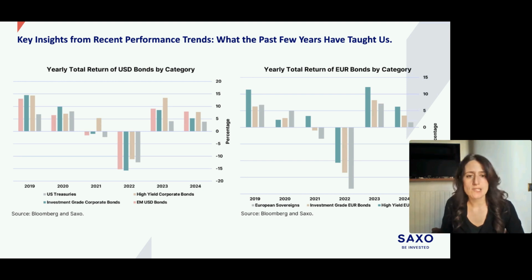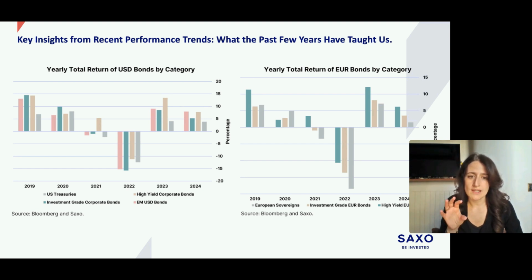Why? Because despite central banks in the first half of 2023 still hiking interest rates, the new bonds that were issued throughout 2022 were carrying a higher coupon, and a higher coupon serves as a buffer against devaluation of the bond, and it has helped with the performance of 2023.